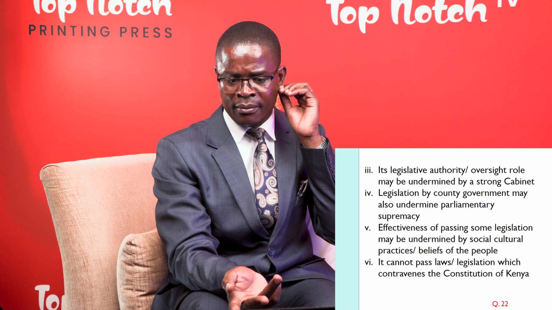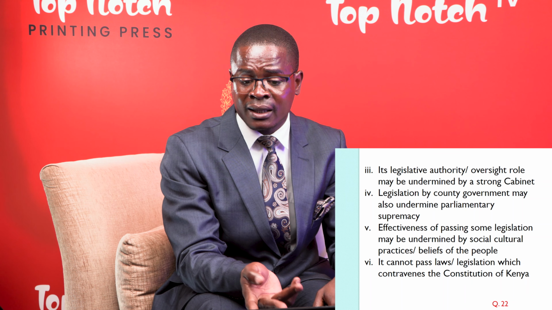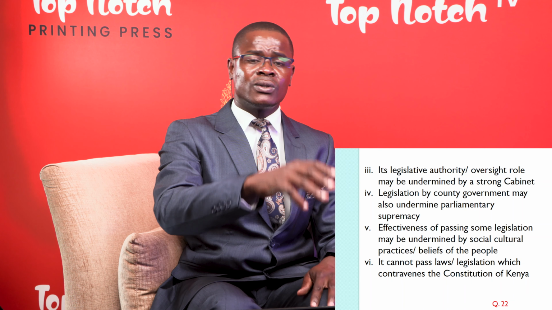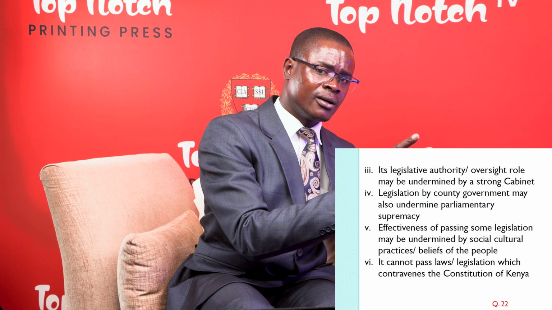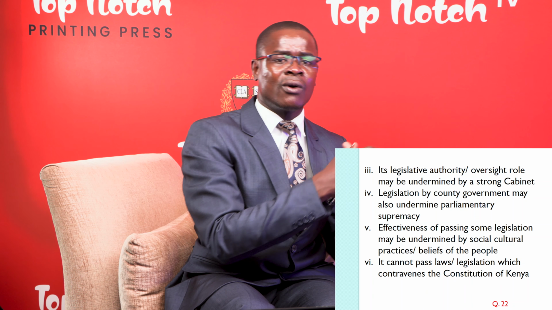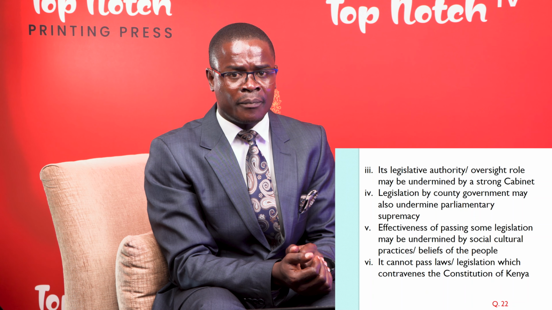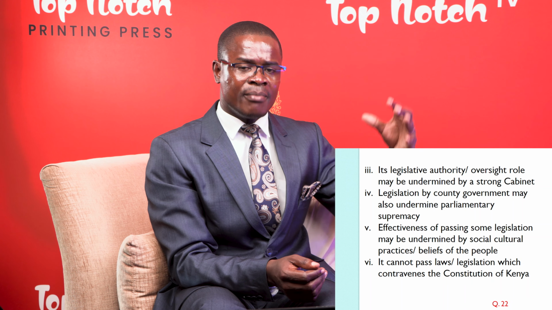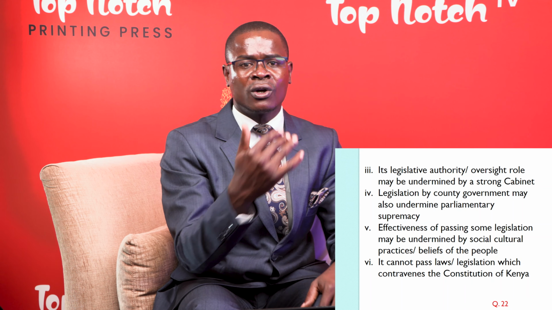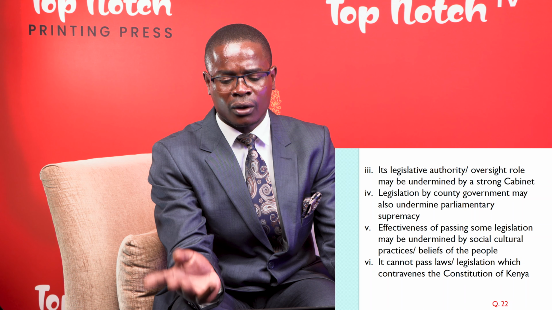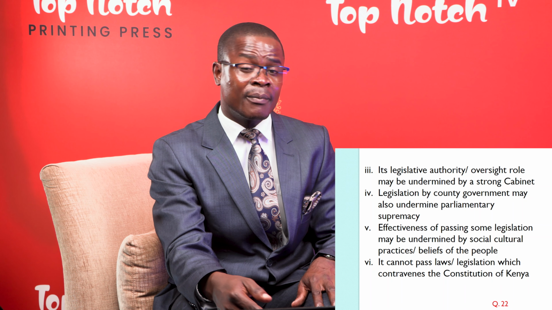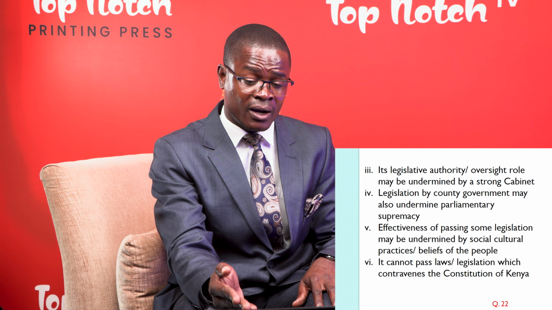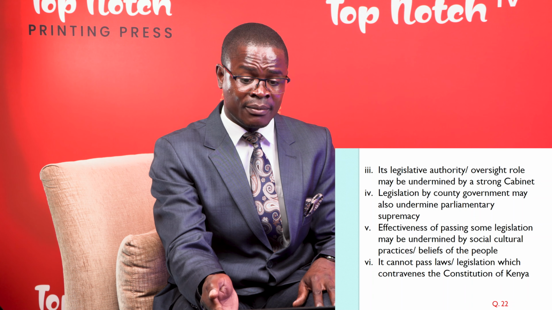Legislation by county governments may also undermine parliamentary supremacy. Remember, county governments make laws at their county assemblies, and whatever laws they make in those county assemblies cannot be contradicted by laws made by the members of the National Assembly. So that is also another limitation.